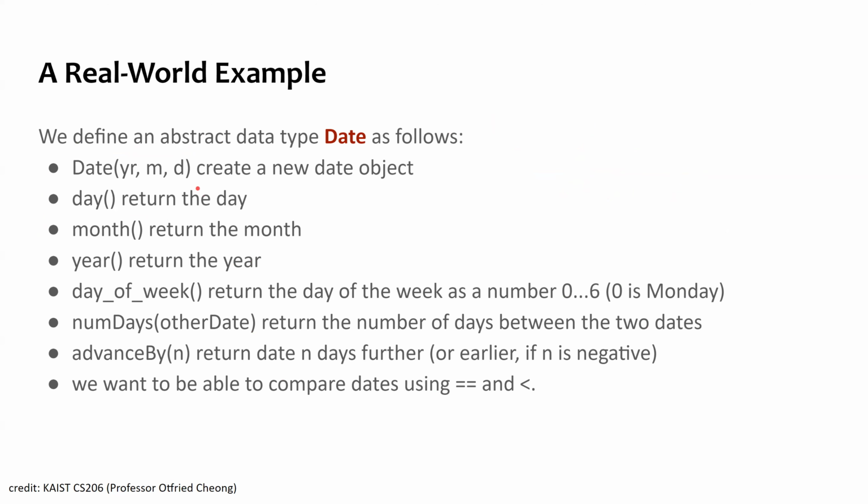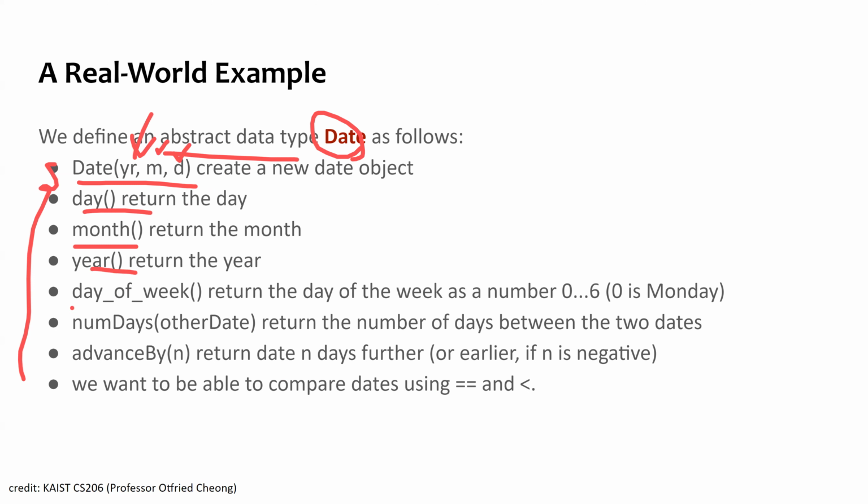And here, we define an abstract data type as date. And this date object should provide support these operations. The first one is, of course, the constructor. You should be able to create a new object, and it receives 3 parameters: year, month, and day. And this date object returns the day, month, and year.